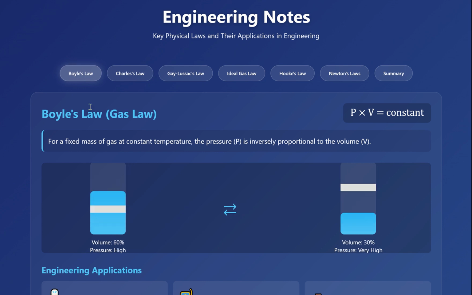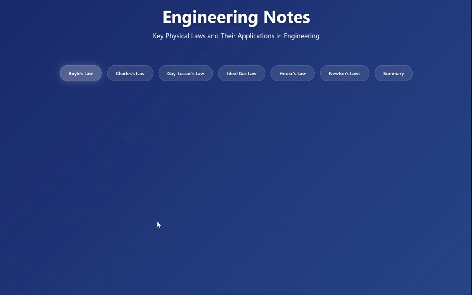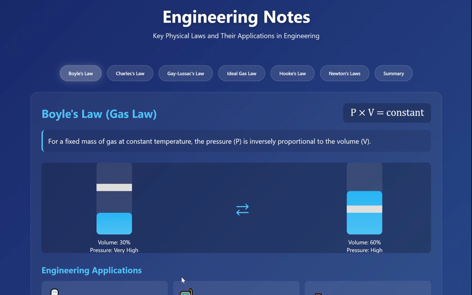So in simple terms, we have what we call Boyle's law. As you can see from the animation, Boyle's law or gas law is a law that explains how variables can change in a system or in a confined environment.